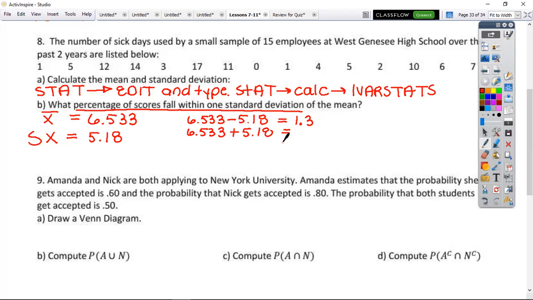And then the high end of my interval would be at 11.713. And what I want to do is count the number of sick days that fall between 1.3 and 11.713. So this is my interval.